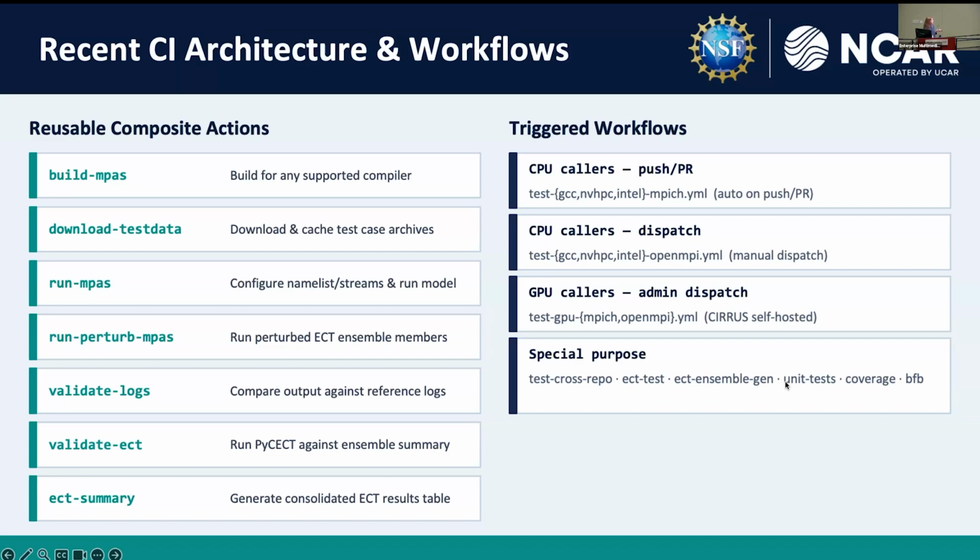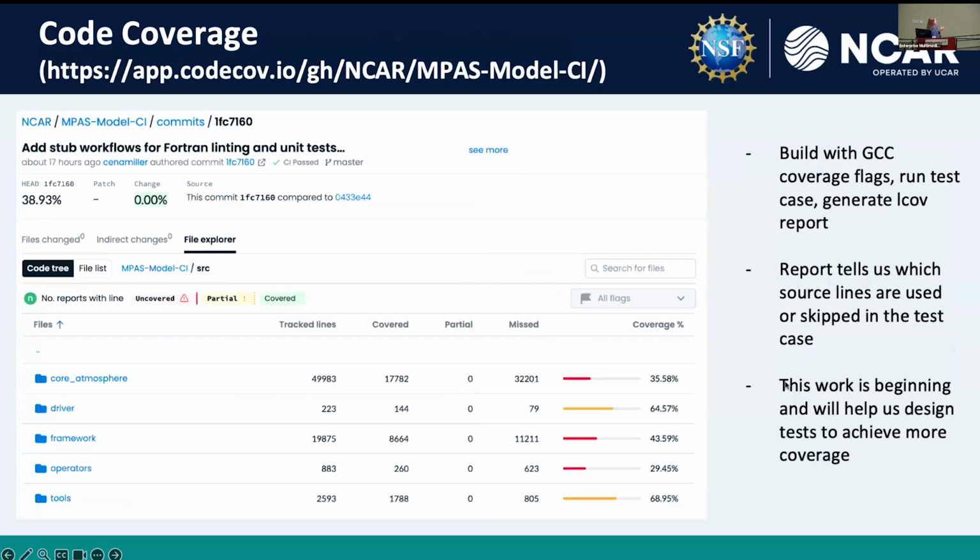We've also set up some special workflows for debugging purposes: the bit-for-bit unit tests, which I'll come back to, then the ensemble generation, a standalone ECT, and the cross-repository testing.